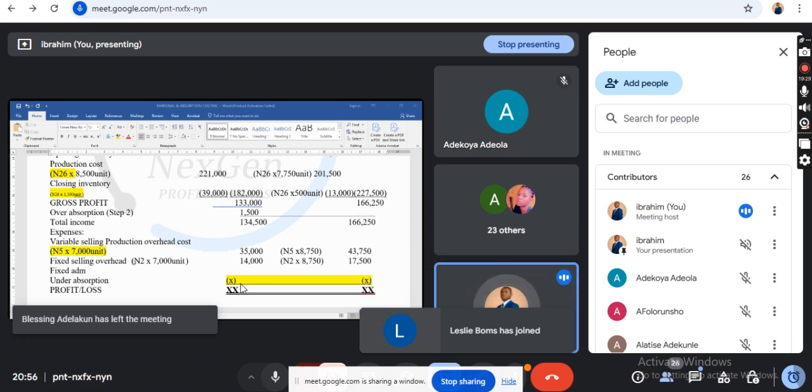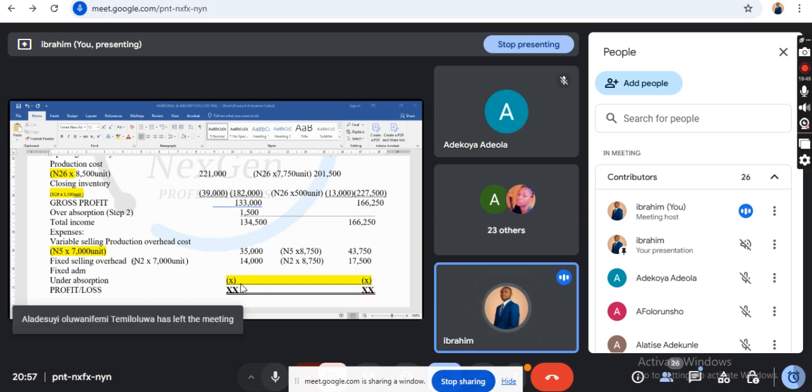Whether you produce that unit or you did not produce that unit, you must incur that particular cost. It is not based on what you produce or what you sell. It is based on what we have already fixed.